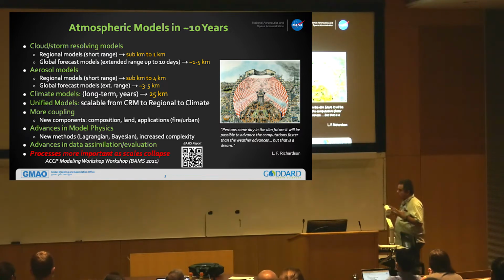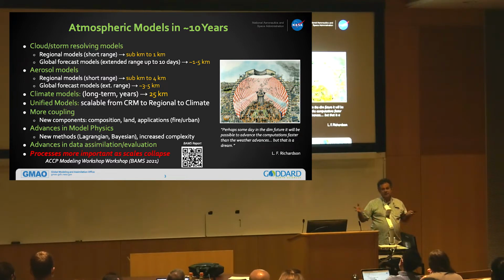And as you reduce the resolution more and more, how the processes interact becomes important. So that's where satellite data comes in. Typically, satellite data are much higher resolution than what the models had. It turns out that's no longer the case. Things are getting closer, and as you go towards process, that becomes very important.